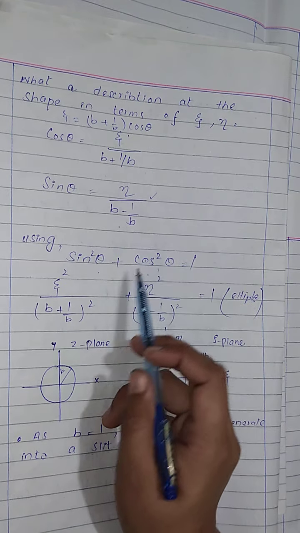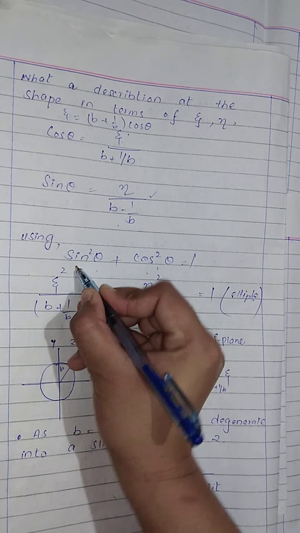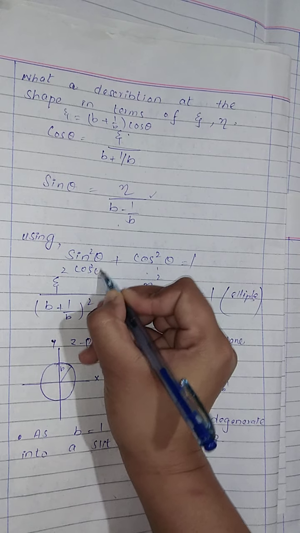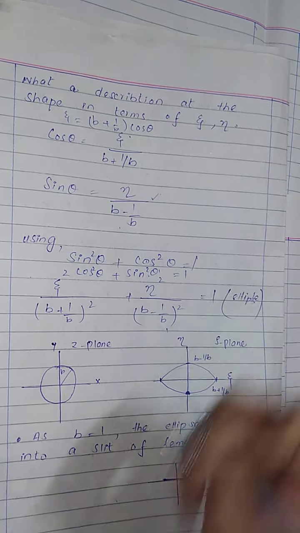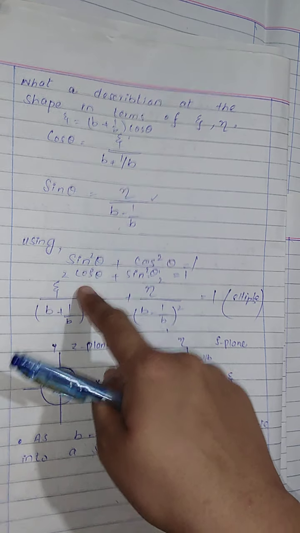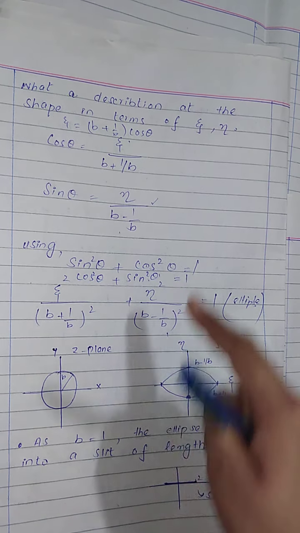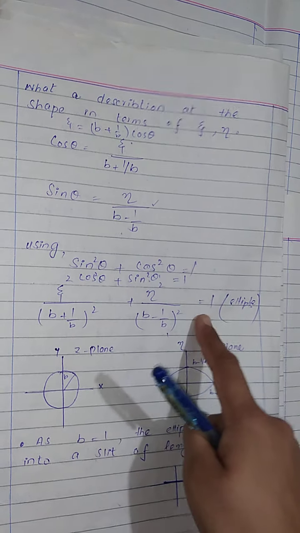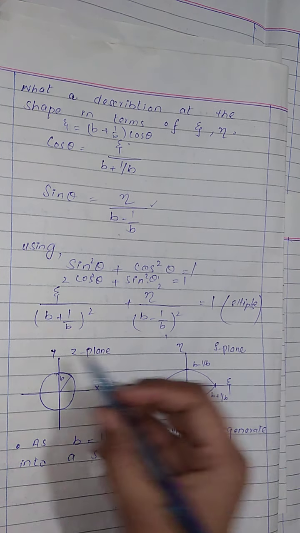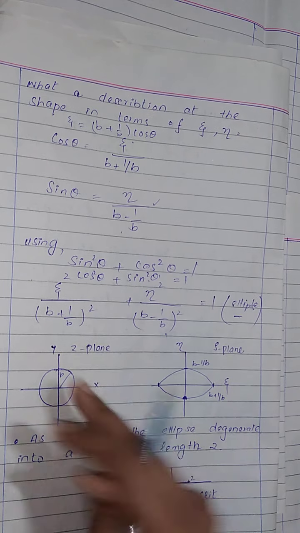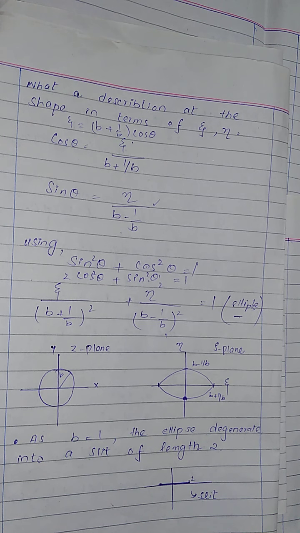Addition is commutative, so we can write it as cos square theta plus sin square theta is equal to 1. Now we put the values of cos theta and sin theta. So we take a circle and its image appears in the form of an ellipse, because it is the equation of an ellipse.